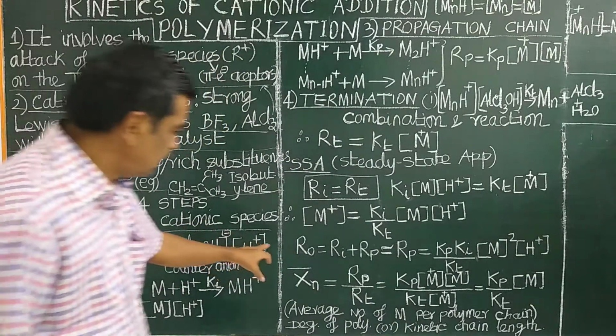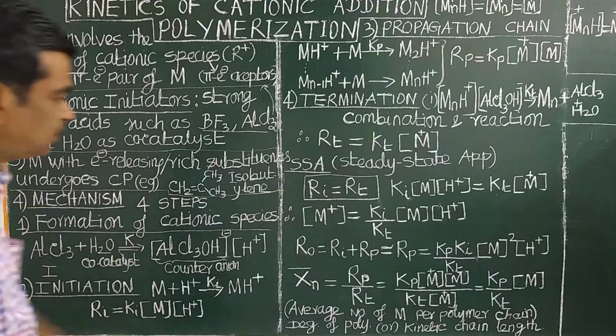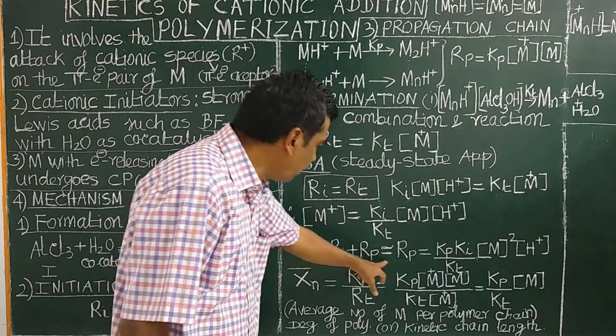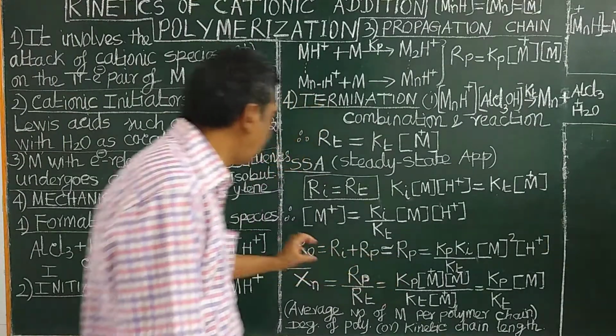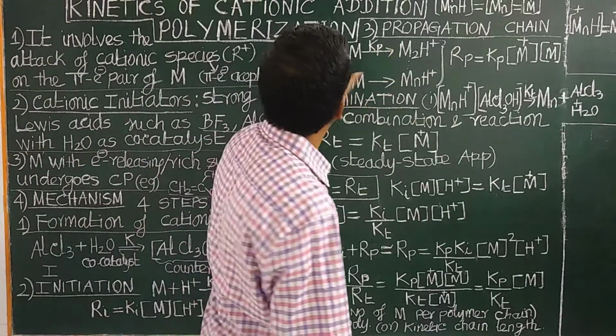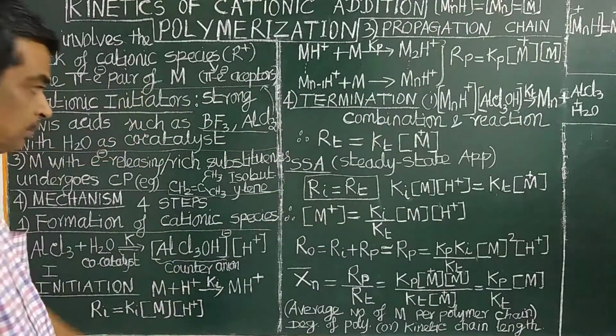Next, the overall rate of cationic addition polymerization is equal to the sum of the initiation rate and the propagation rate. For one initiation there are n propagation steps.